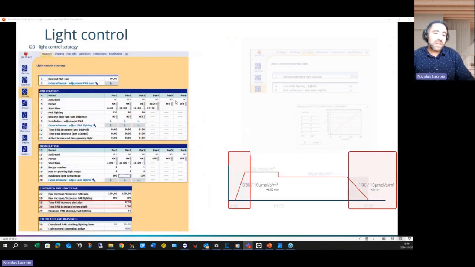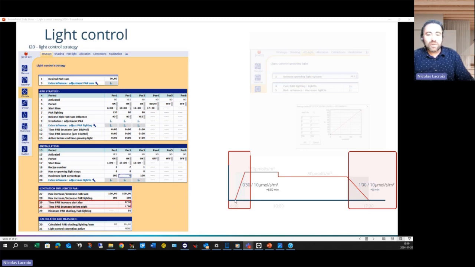You can also simulate the sunrise and the sunset. If you see here, it's always in page I20, line 29, time PAR increase start day. That means that every 30 seconds, you will increase your power lighting level by 10 micromoles.